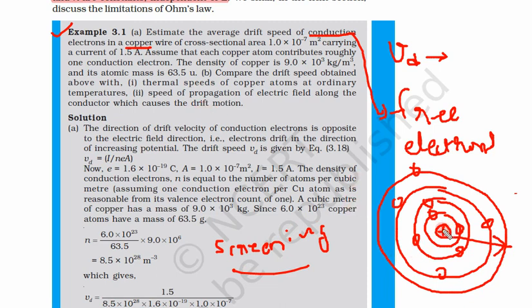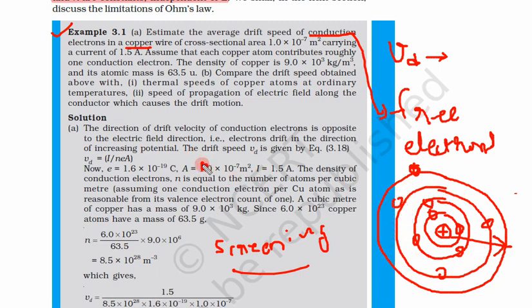Screening: though there is positive charge, this first layer of electrons is negative, second layer of electrons is negative, third layer of electrons is also negative. So even though at the center there is a positive charge, due to this negative charge, the force on this is screened. That becomes almost negligible because of the screen of these negative charges.